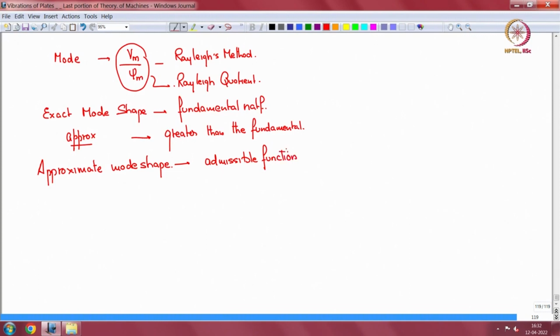An admissible function is a function that does not violate the geometric constraint of the system.